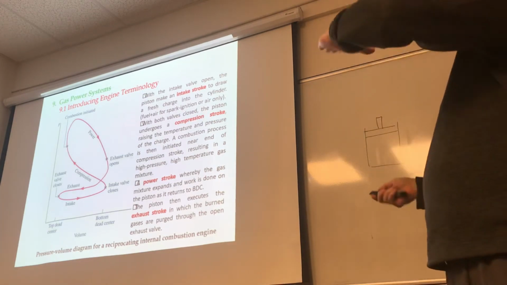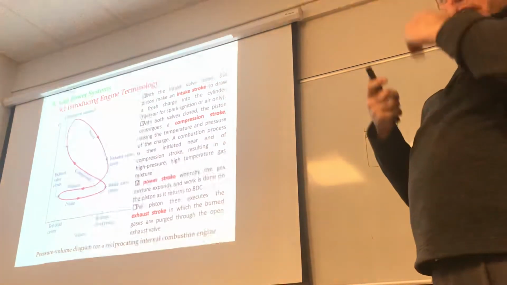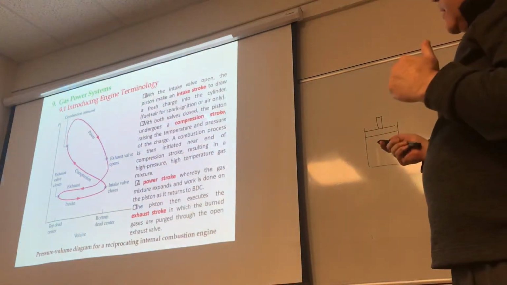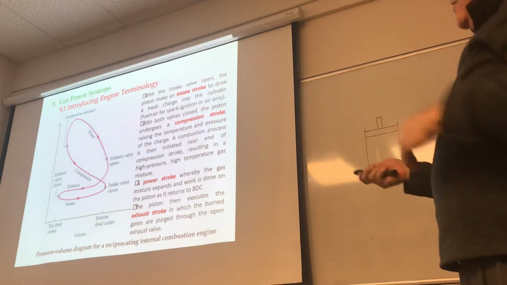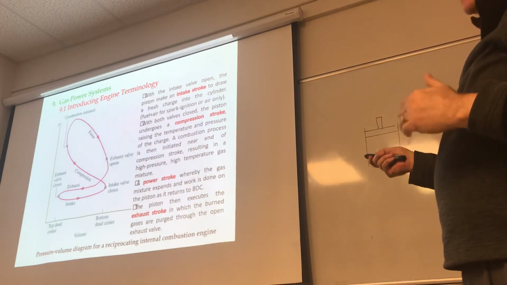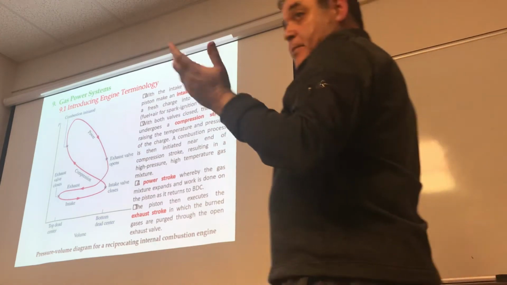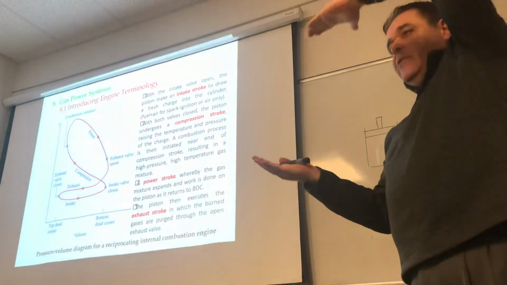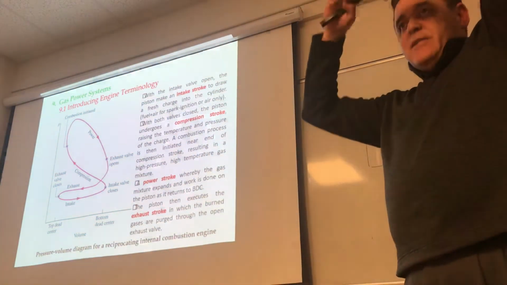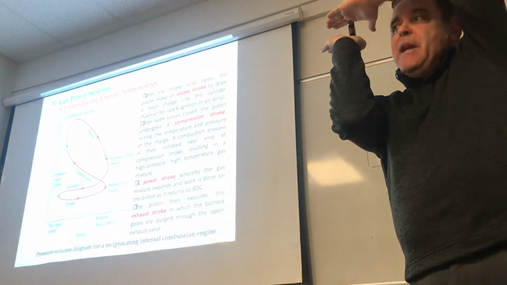You get the compression stroke. Now you need to take that charge and really compress it, increase its temperature and pressure. So with both valves closed, the piston undergoes a compression stroke, raising the temperature and pressure of the charge. Remember what happens to air when you compress it? You increase the pressure, increase the temperature. When the piston gets all the way near the top dead center, the charge is occupying the minimum volume.